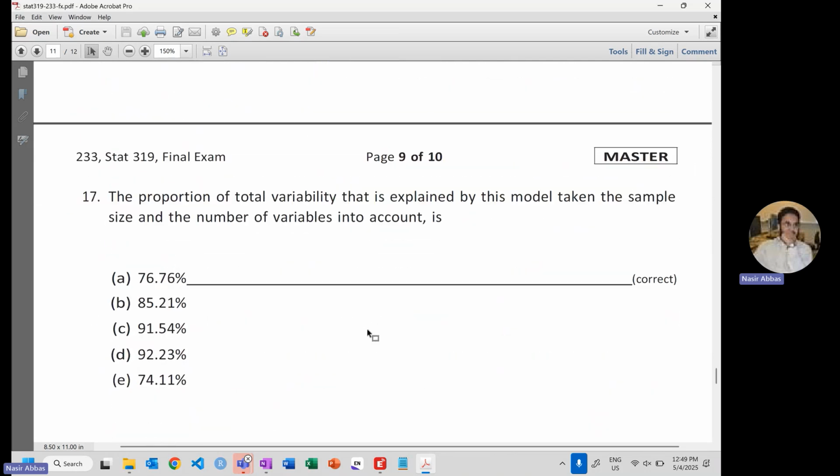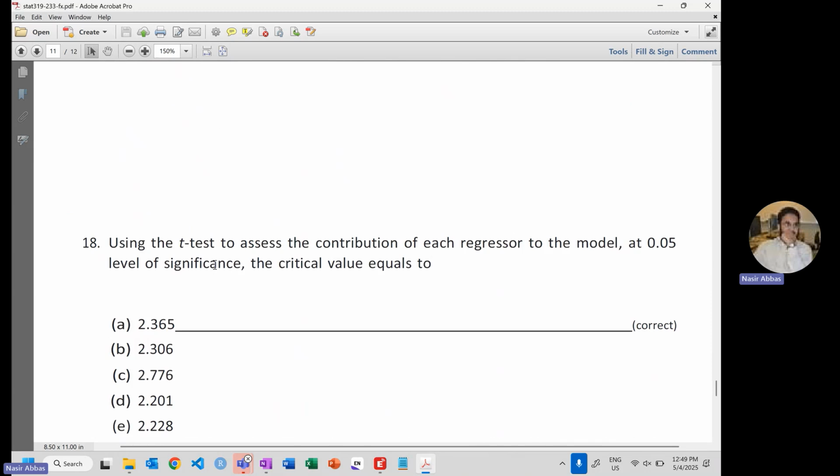So you will go to the T table with 7 degrees of freedom and for alpha by 2. Significance tests are two-sided, where you are testing beta 1 equals 0 against beta 1 not equal to 0, not greater than, not less than. So for testing significance, they are all two-sided tests.